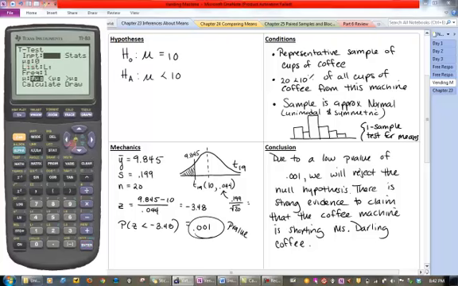So our null hypothesis was that the mean was equal to 10. We're reading our data in from list 1, so it's going to do all the calculations that we need. And we are testing the alternative that the mean is less than 10. So we want this guy over here. All right, scroll down. So we want this guy over here. And we're going to say calculate, and hopefully everything matches up.